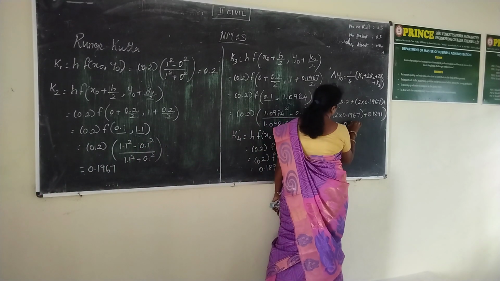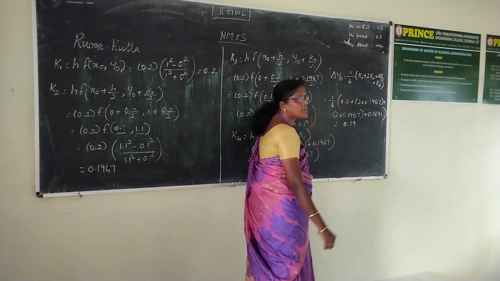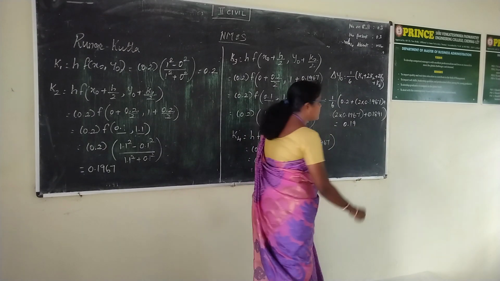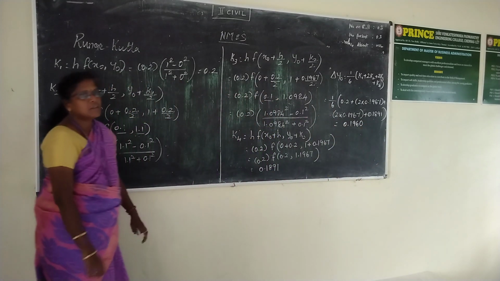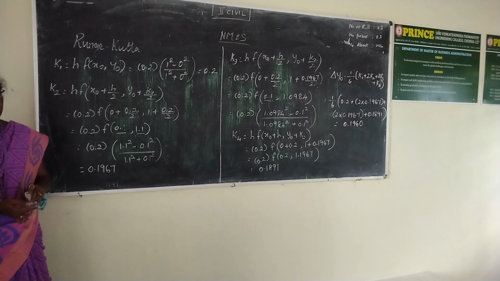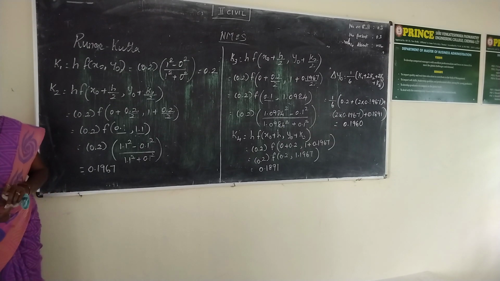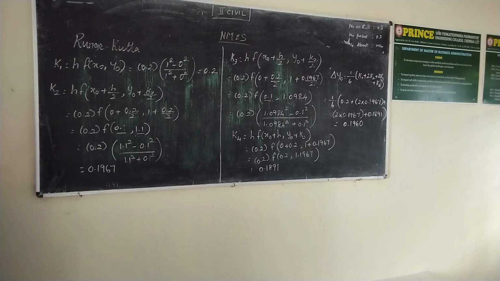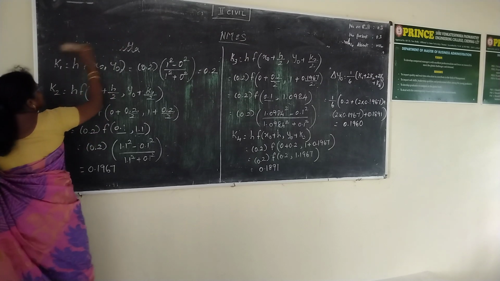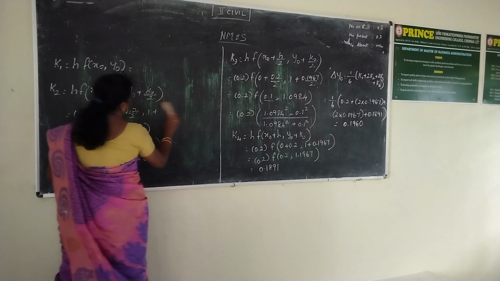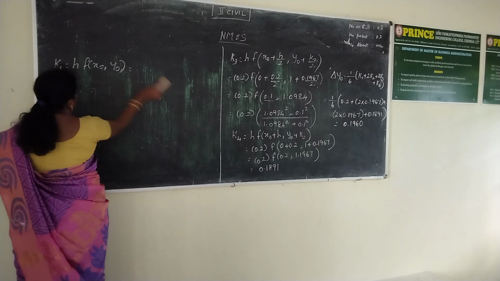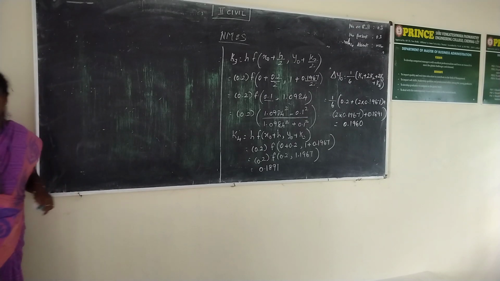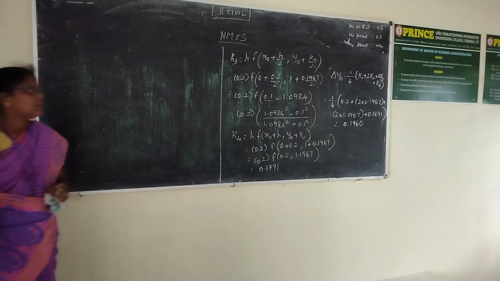Approximation, no? 0.1960. Others take your answers. Did you get del y naught?